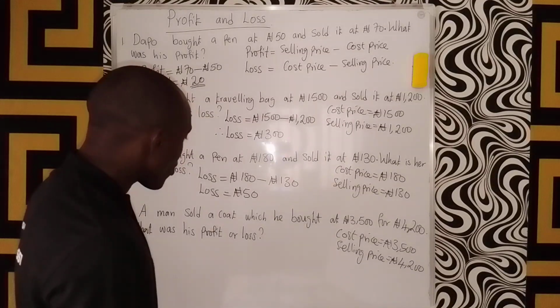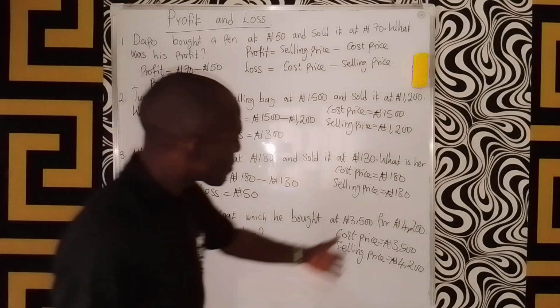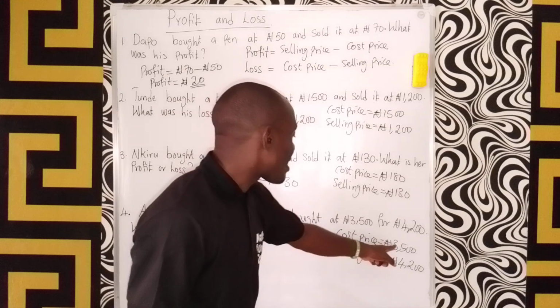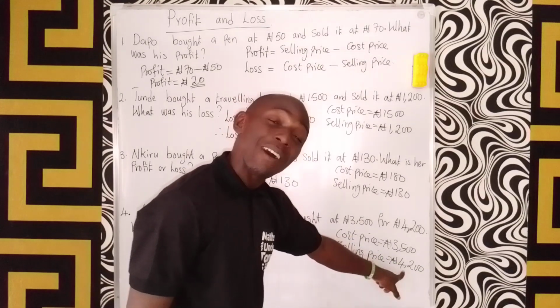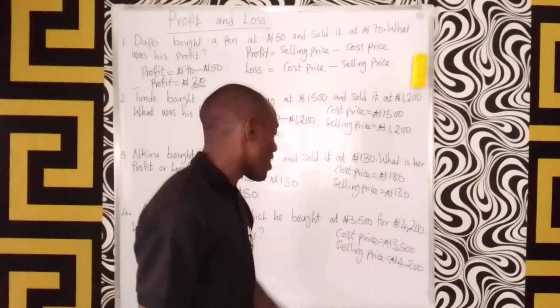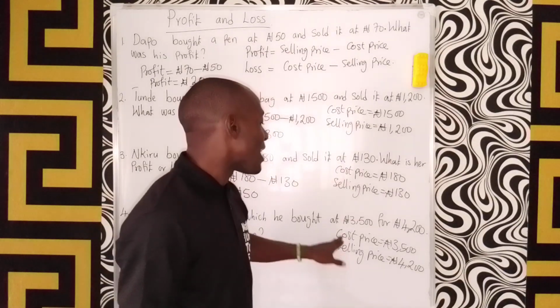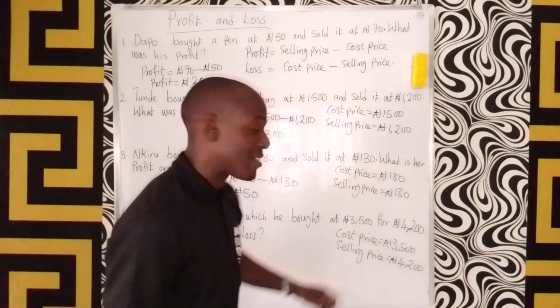Now, what was his profit or loss? Which one is bigger, 3,500 naira or 4,200 naira? 4,200 naira is bigger than 3,500 naira, which means selling price is bigger than the cost price. So we are calculating for profit.